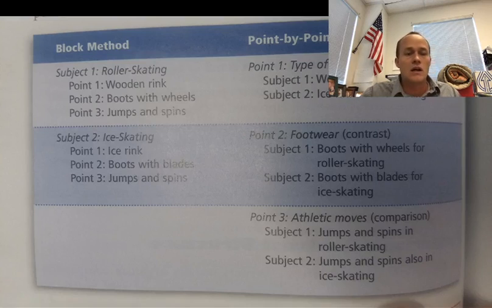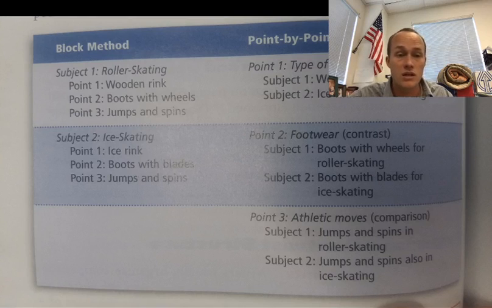Okay. This is an example of what an outline of that would look like. On the left, you've got roller skating, the block method, where your first paragraph is going to talk about a wooden rink for roller skating. Okay, the rink is wooden. Second paragraph would be the boots, although it could be multiple paragraphs if we're long. This first one, subject 1, would all be in one paragraph.